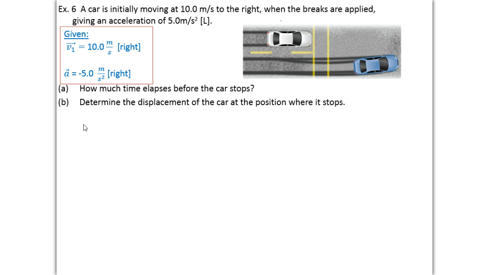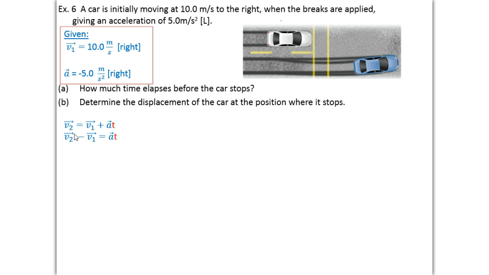If you look through your list of formulas, you want one that involves the acceleration, V1, and V2. You also know what V2 is, because you're told that the car stops. So V2 is 0. The only formula that applies is V2 equals V1 plus AT. So you need to solve for time.